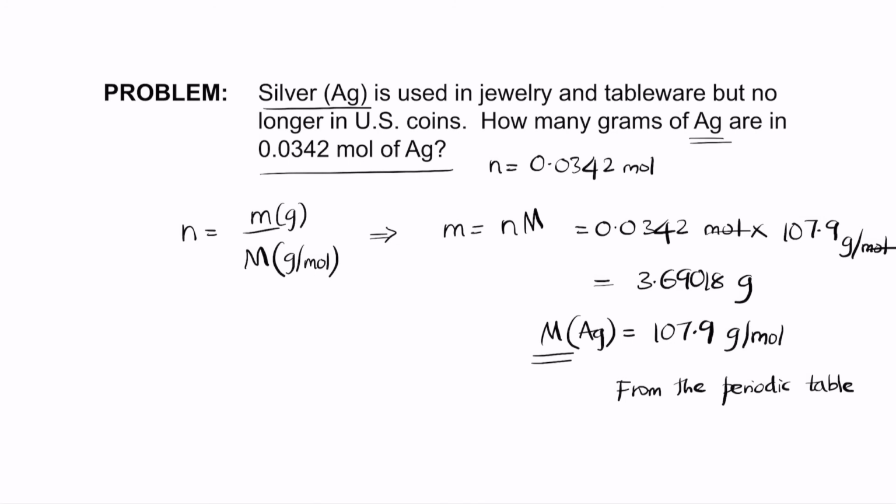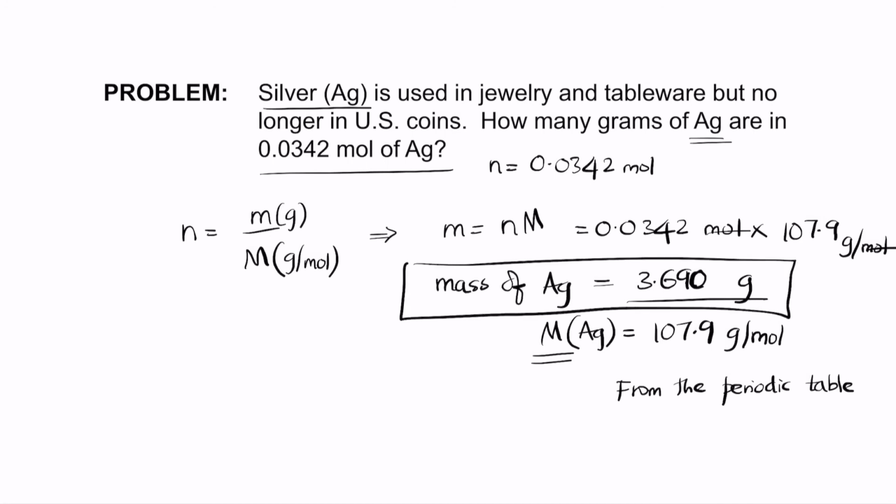We have to eliminate the last 2, so write it as 3.690 grams. This is the mass of silver that is present in 0.0342 mole of silver. This is how you can convert from one unit, one system, into another.